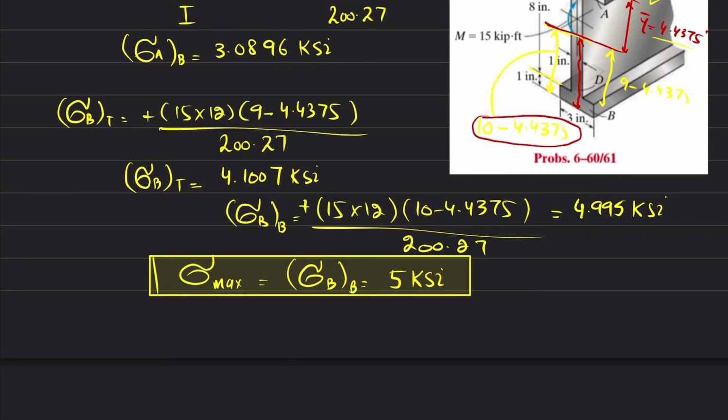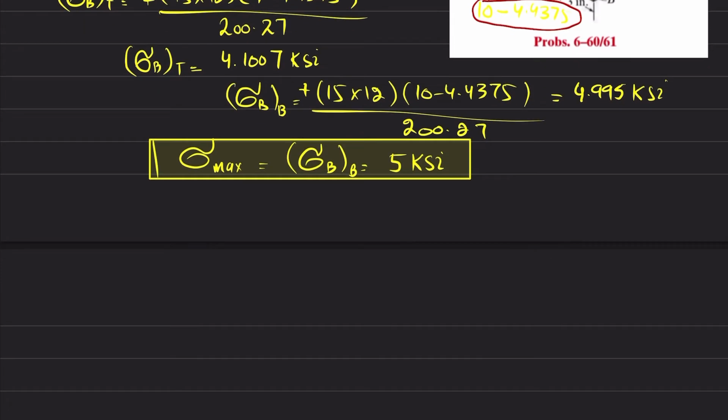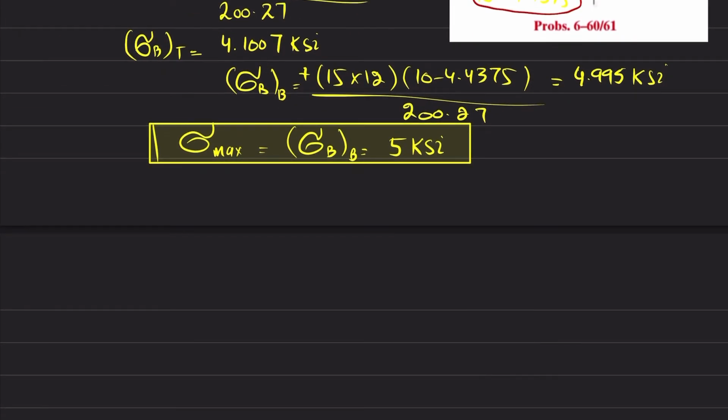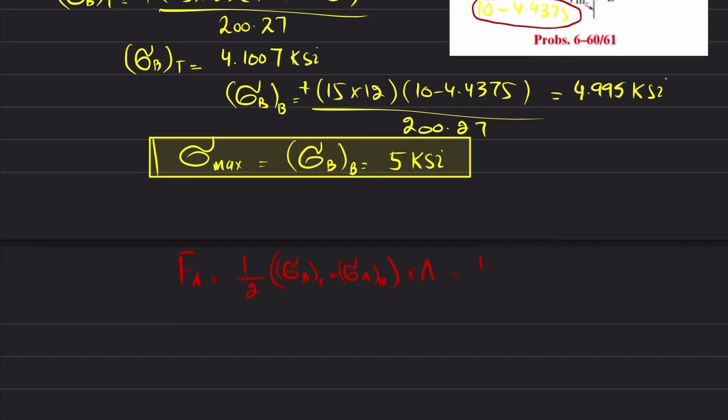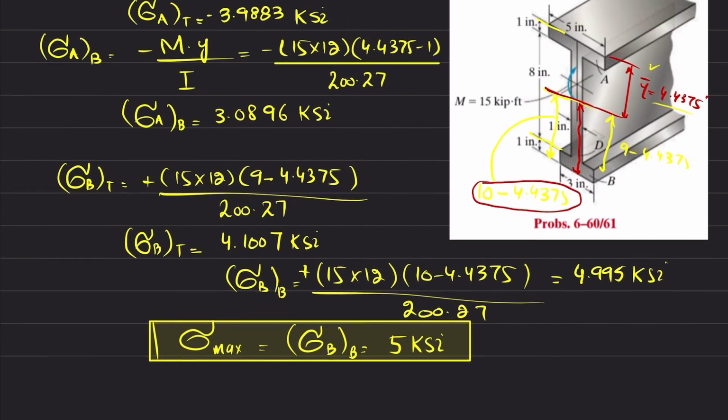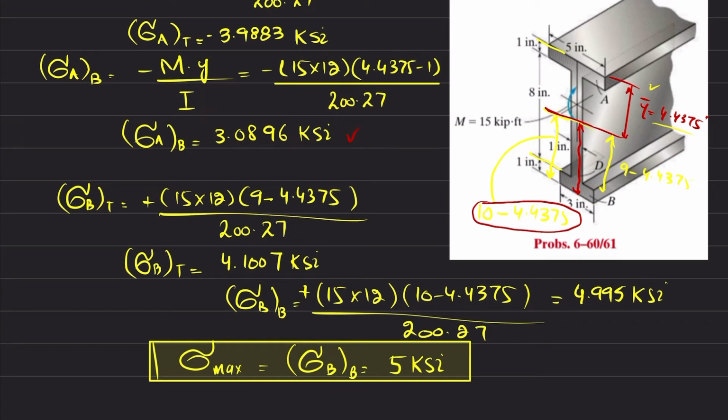Now if you convert these stresses into force, so force at A will be equal to the average of sigma A at top plus sigma A at bottom, into area. So what is the area? Half of sigma A at top is this one, while bottom is this one.